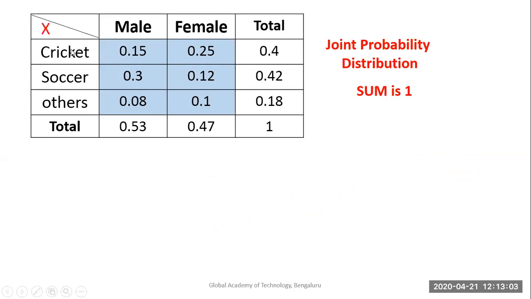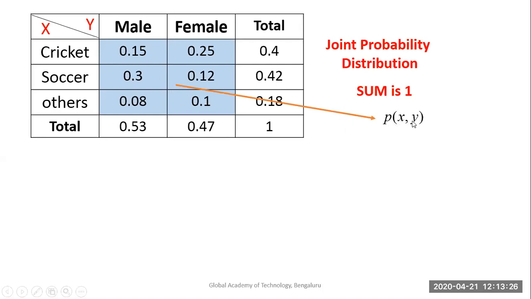If I denote the sport by the random variable X and the gender by the random variable Y, then X takes 3 values here: cricket, soccer, and other sports, and Y takes 2 values: male and female. Then these values are represented by P of x comma y.